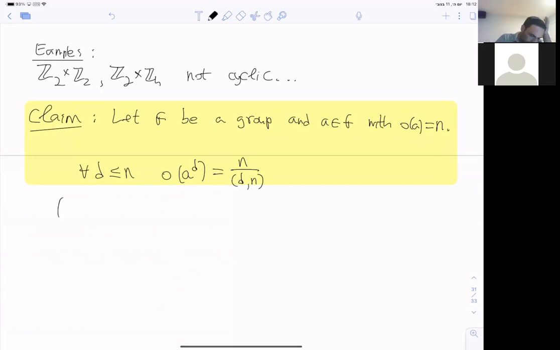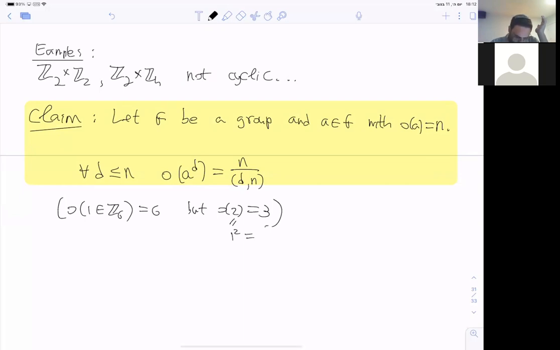For example, the order of 1 in Z6 is 6, but the order of 2 is 3. Why is it so? Because 2 is 1 to the power of 2, so it's actually 6 divided by 2.